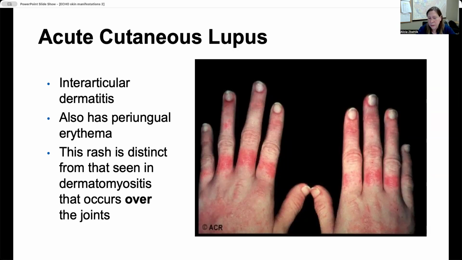And so this can be very helpful diagnostically because it's between the joints, and it is not over the joints as it is in dermatomyositis. And we'll look at some of those later on in the presentation. But if you see this rash, definitely think lupus. Next slide, please.